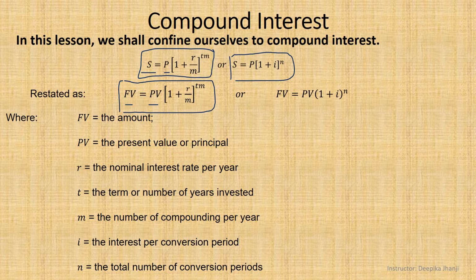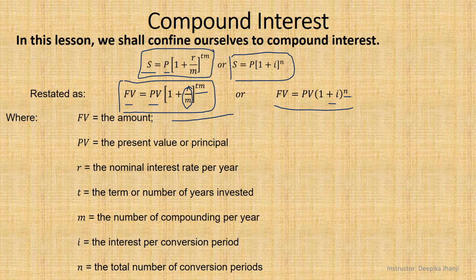This Tm can be replaced by a single term, which is N, and R upon M can be replaced by a single variable I. So these two formulas are same. You can use either of these format.